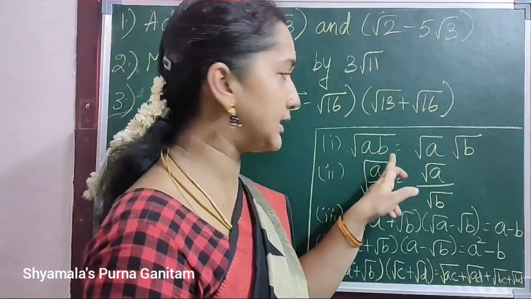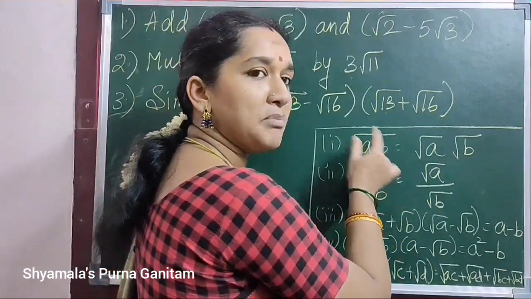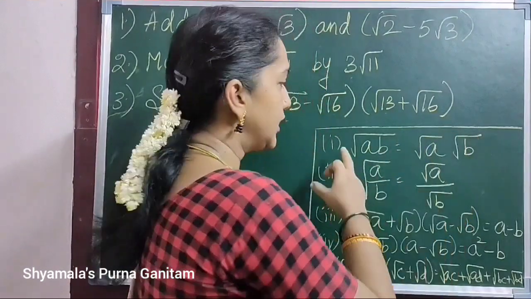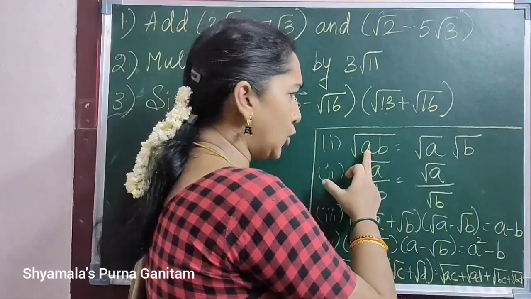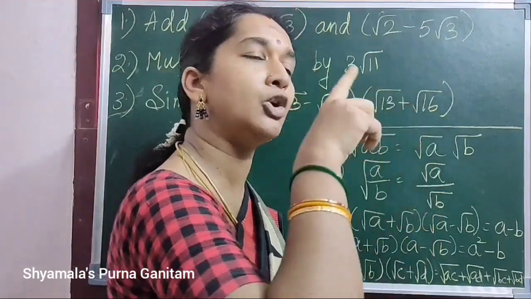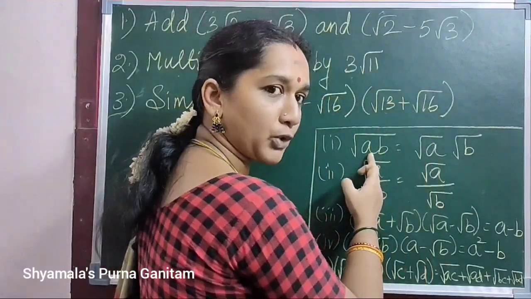So root AB is equal to root A into root B. So when you have any two numbers inside the root, that can be splitted as two roots. That is root 3 into root 2. That means 6 you have inside. So you will get root 2 into root 3. That can be splitted separately. That is the meaning for this.